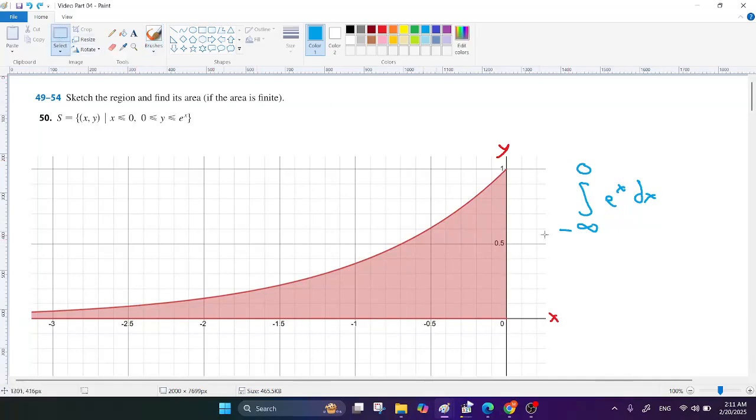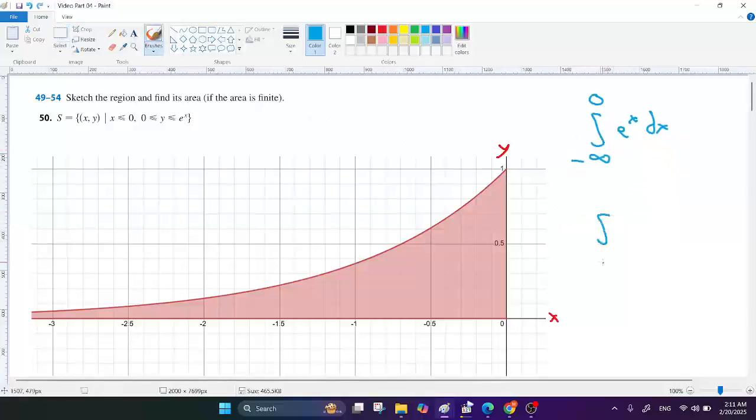But in this area, you can solve it two ways, and we will do that. What is the other way? Like this, integral 0 to 1, absolute value of ln y dy. Why have I put here absolute value for ln y? Because ln y is negative between 0 and 1.